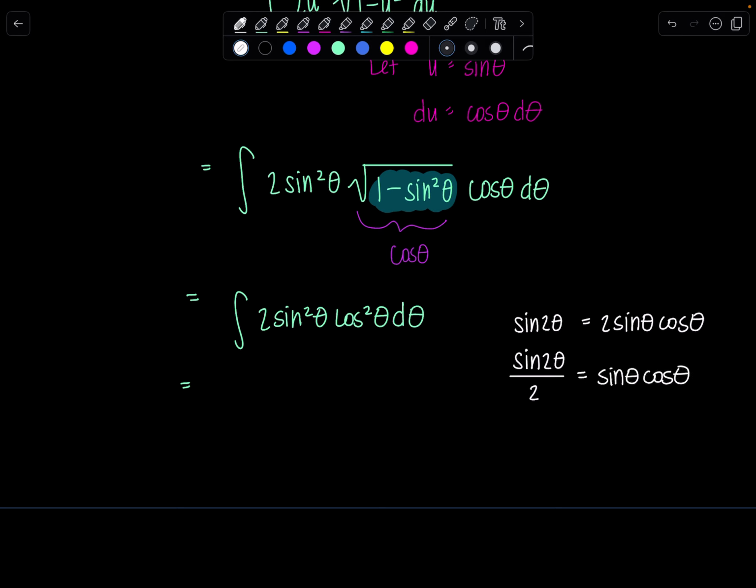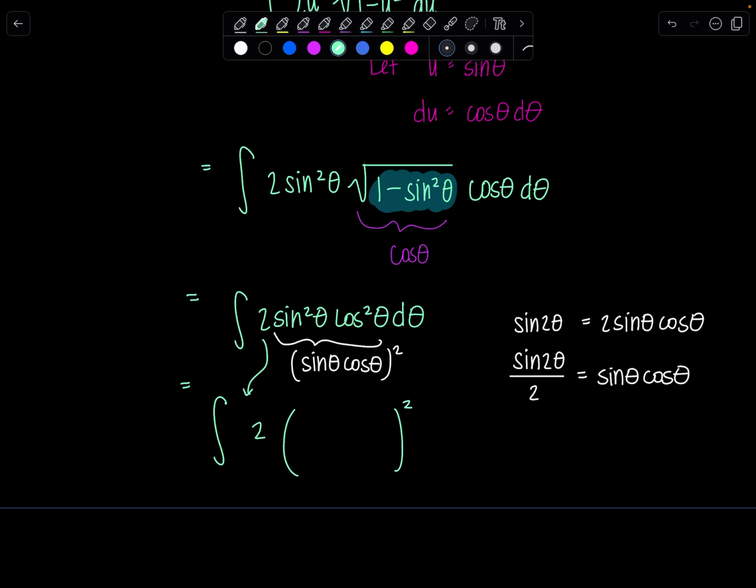Are we okay? So here I have sine squared theta cosine squared theta. That's the same as sine theta cosine theta quantity squared. So I'm going to replace all of this with sine 2 theta over 2 and then square it. So watch, we have the integral. This 2 just comes along for the ride.